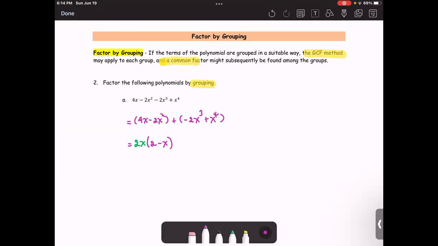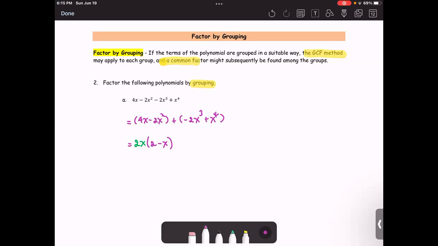All right, do similar for the second group. We have negative 2x to the third plus x to the fourth. For the numbers, we have negative 2 and 1, so we don't have anything to do with that. But for the x to the third and x to the fourth, we take the greatest common factor, which is the lowest power of x, or x to the third.